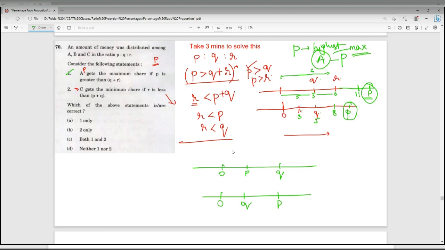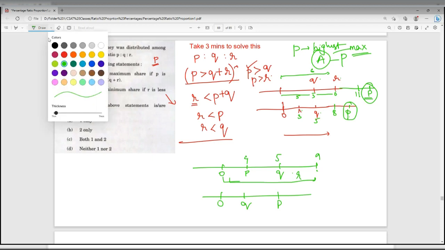They are saying R is less than P plus Q. For example, let's take P as 4 and Q as 5. P plus Q is 9. So R should be less than 9. R is somewhere in this area below 9, so just mark it in red.